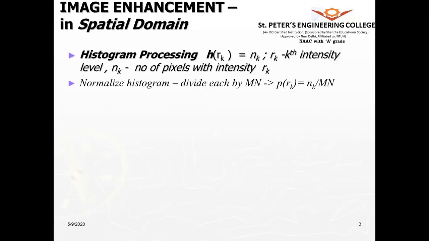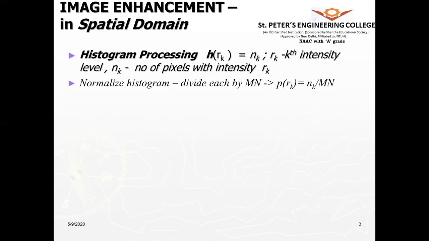What is basically a histogram? It's a plot of the number of pixels having a particular intensity, where nk represents the number of pixels having the intensity rk, that is, the kth intensity level.